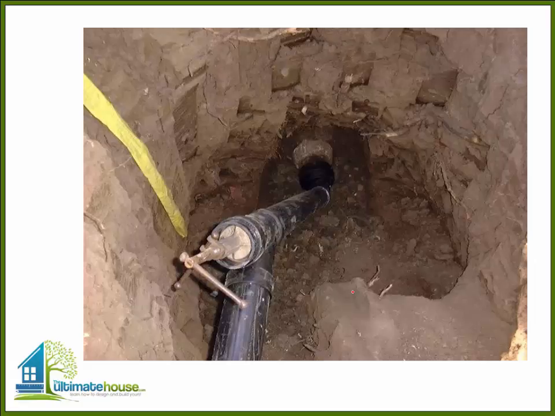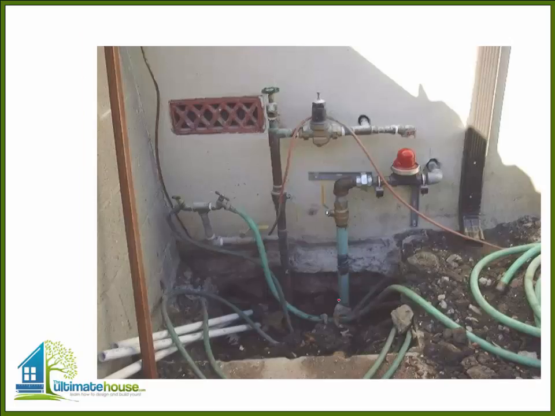But the old lines were clay pipes, which the roots would get into and separate and cause problems, obviously. So it's not that big of a deal when you're doing all this demo work to put in your new lines. We also put in a new gas line, which you can see here.